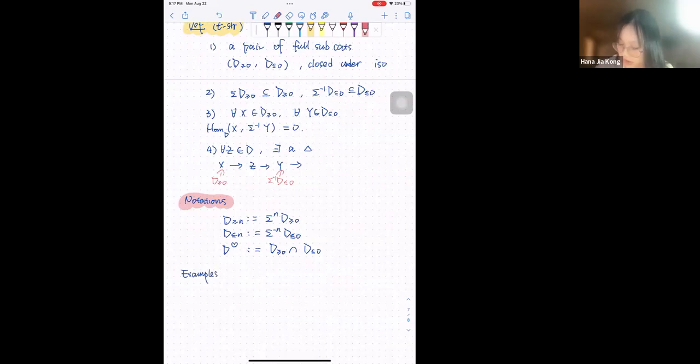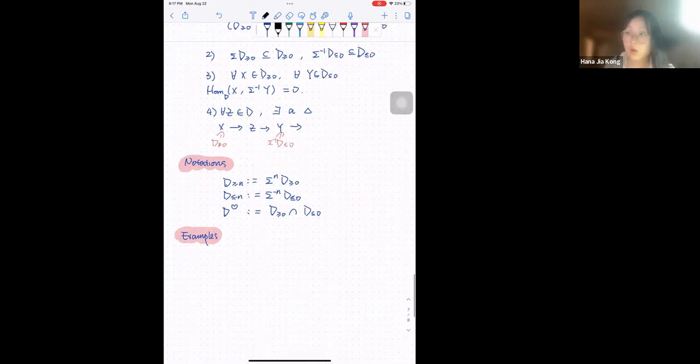So the most common examples of triangulated categories are the derived category and the stable homotopy category. And we look at the most common T structures on them.